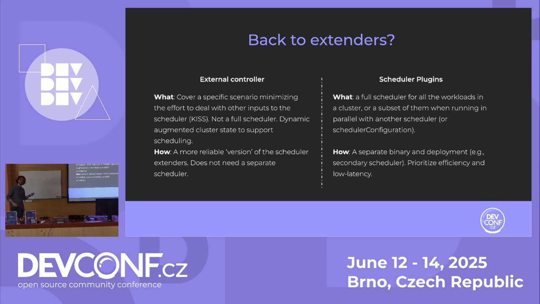But we are doing that in a way more reliable way. We are doing that by the medium of the Kubernetes API. We are doing that not with synchronous communication, but with an asynchronous one. The Kubernetes way, or better, today's Kubernetes way.